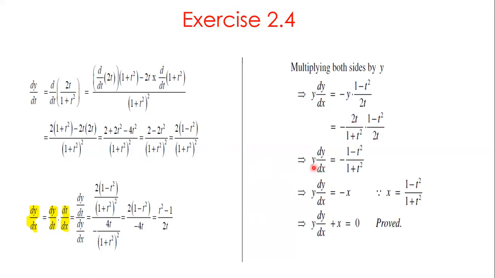Remaining terms: y dy by dx is equal to minus (1 minus t square) over (1 plus t square). And the value of (1 minus t square) over (1 plus t square) is x. Means our equation will be y dy by dx is equal to minus x. Replace the value of x. When this minus x goes to the left hand side, it becomes positive x. So y dy by dx plus x is equal to 0, which is our final answer.